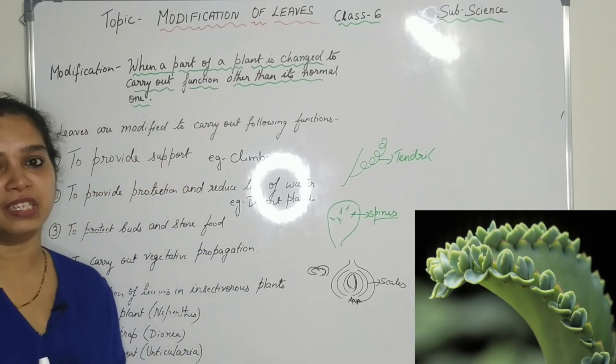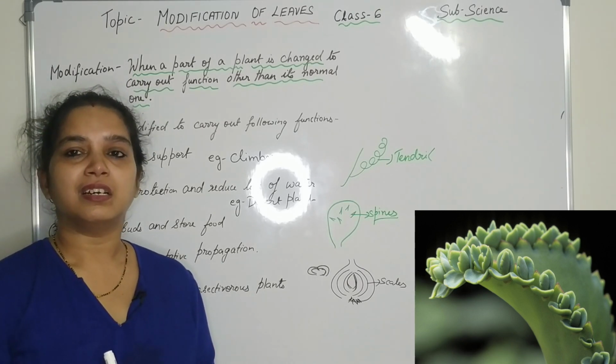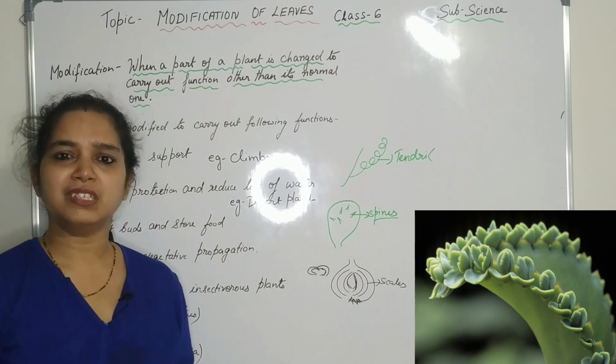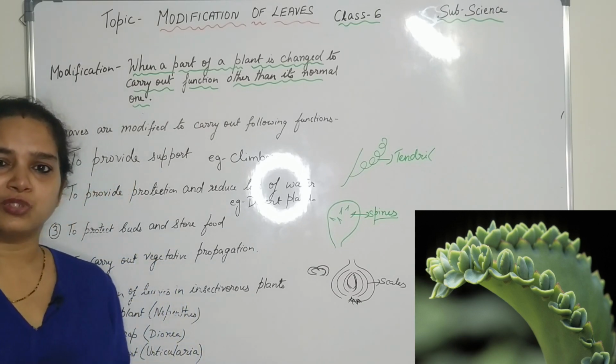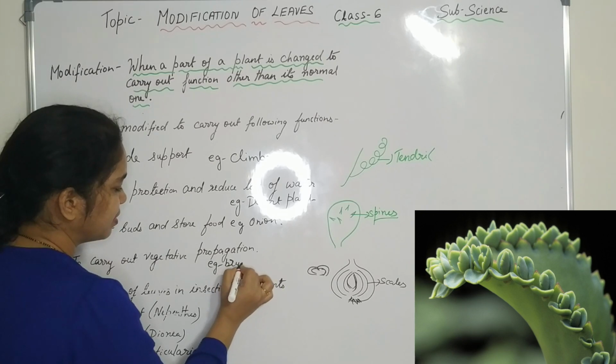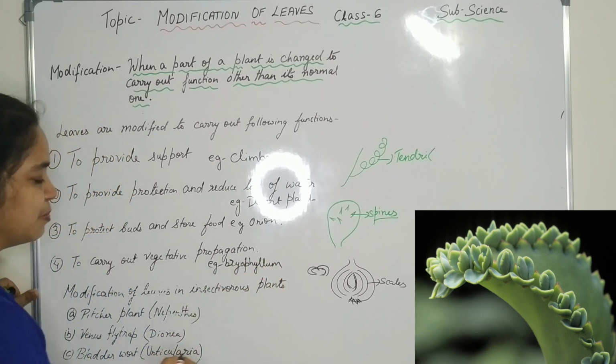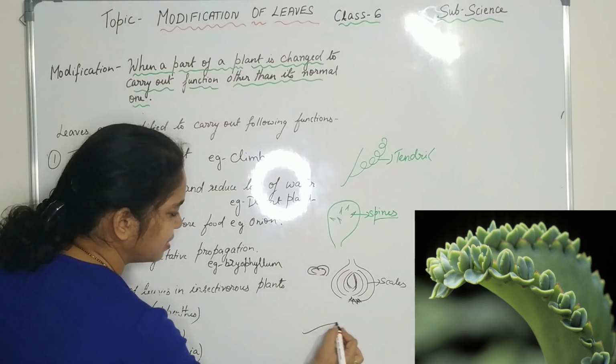What do you mean by vegetative propagation? When plants arise other than from seed, it is called vegetative propagation. So in some leaves of plants, example, bryophyllum, you might have seen plants like this.